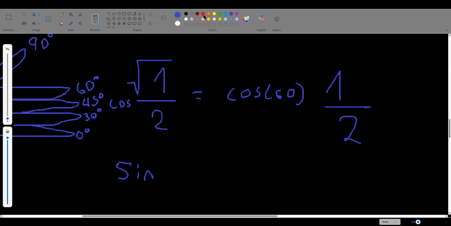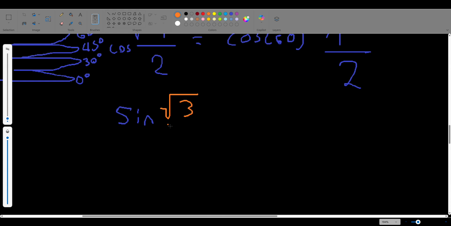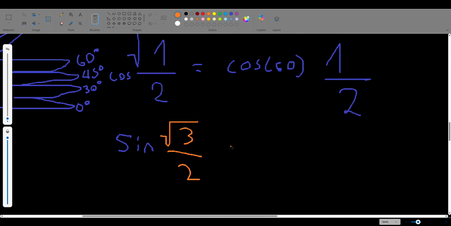Now, moving on, we're going to do sine for 60. How many fingers do we have below 60? We got 1, 2, and 3 fingers, all right? So our sine is going to be the square root of 3. Well, you can't really do that in your head, divided by 2. And that's fine, okay?